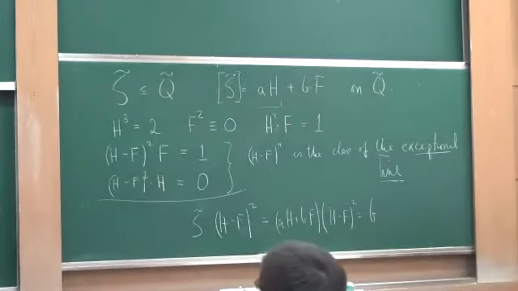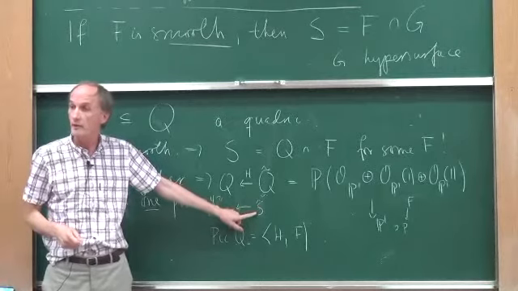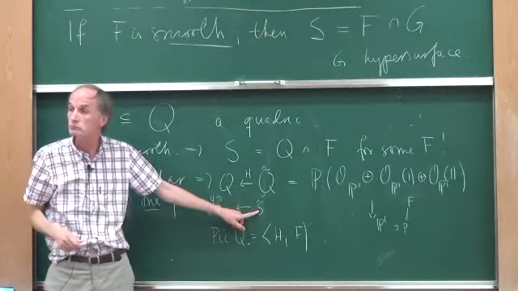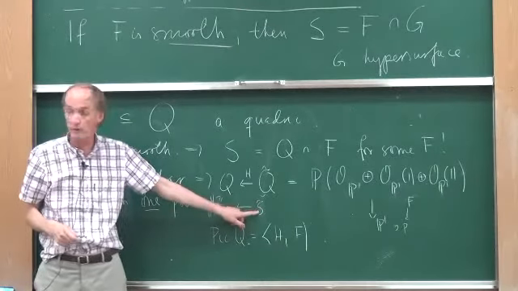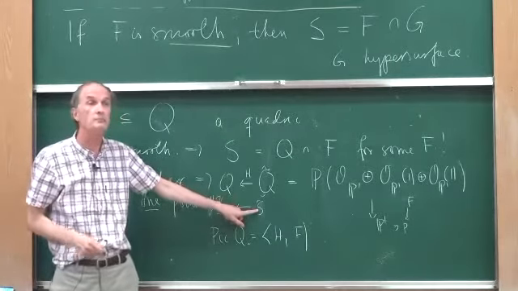And this is now going to tell us something. I have my surface on Q. I blow up this point and I get my S tilde. Either the exceptional line is on S or it's not. If the exceptional line is on S, then the self-intersection of that line must be minus 1. If it's not on S, then this line could intersect S tilde in at most one point.